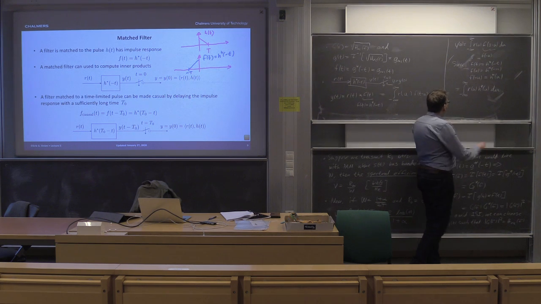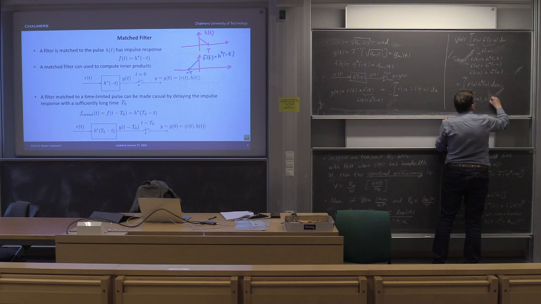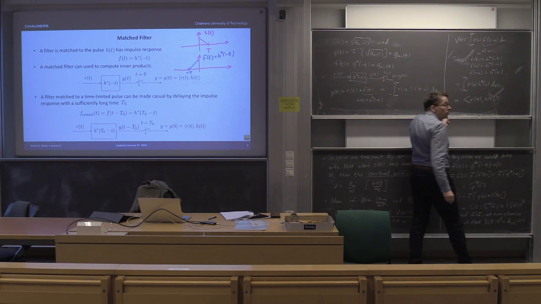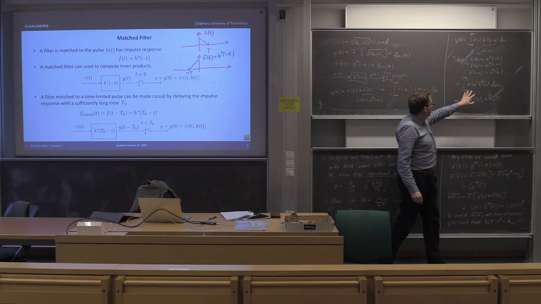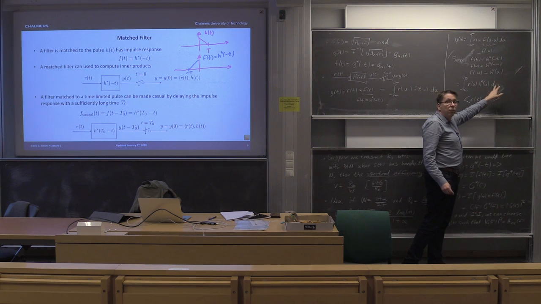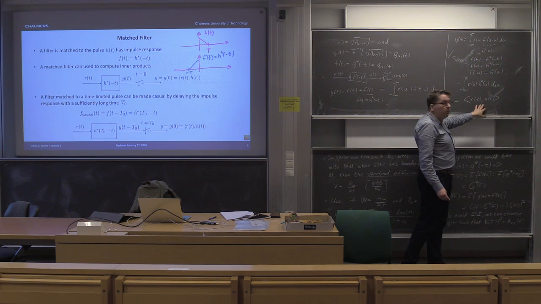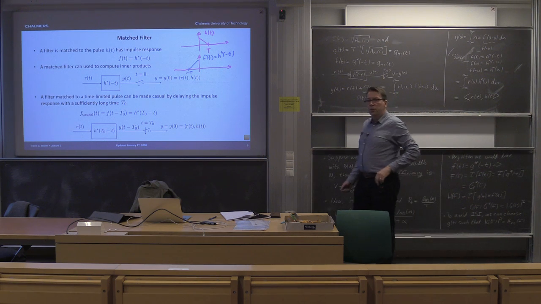And then we see that this, by definition, is the inner product of r and h. Take r, h conjugate, integrate for all time. T or u doesn't matter, same thing. And then we get this thing. Okay. Any questions on this?